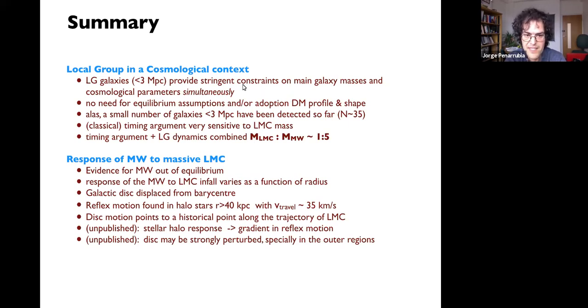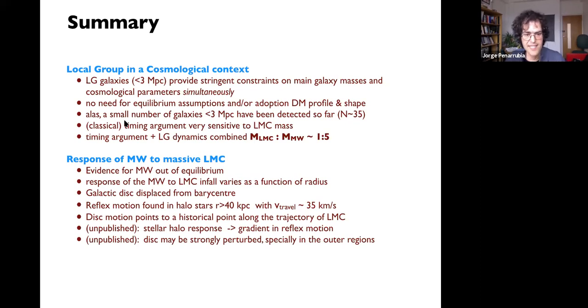And we can also fit the cosmological parameters, everything simultaneously, which is very good. And we don't have to make any equilibrium assumption, and we don't have to adopt any dark matter profile or shape for the Milky Way or Andromeda or the LMC. So that's another nice aspect.